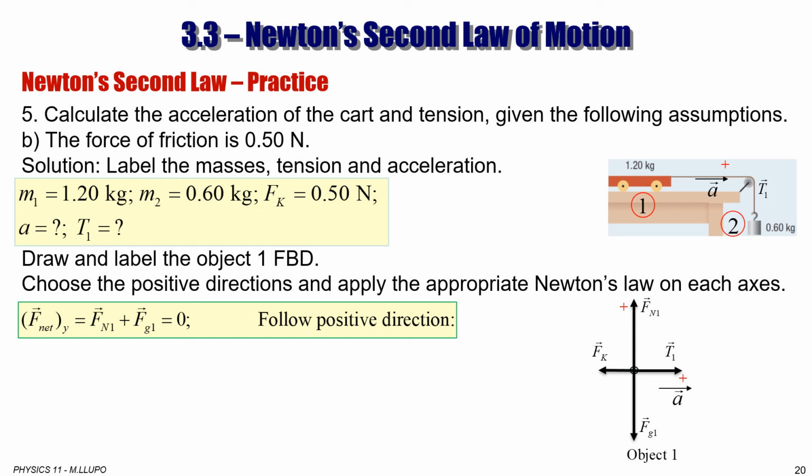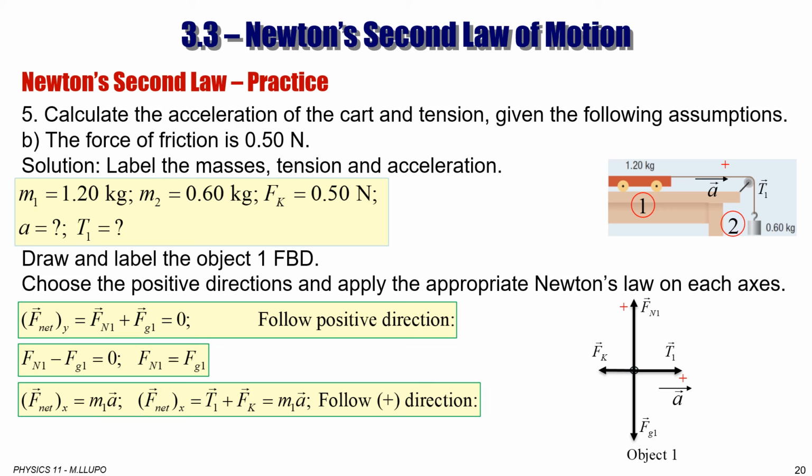Let's start with the first Newton law on the y-axis. Fn1 is positive, because it is in the direction that we chose to be positive. And Fg1 has to be negative. Now on the y-axis, we're done.